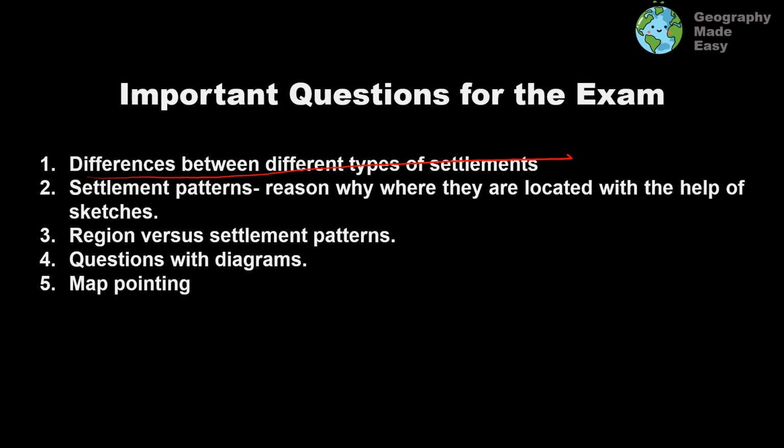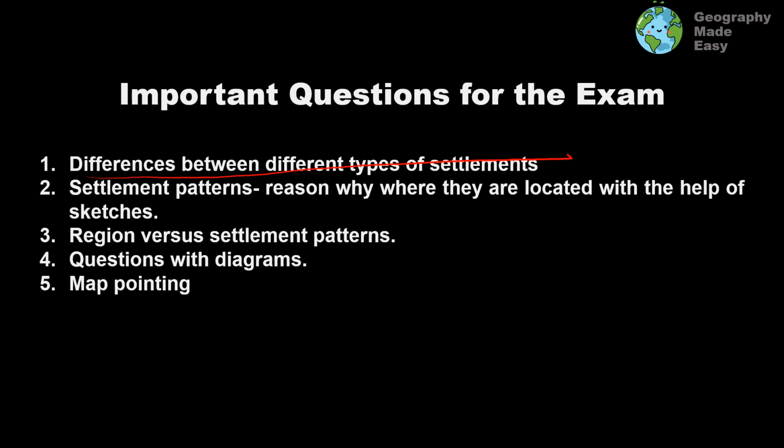Region versus settlement pattern, that means they can give you a map and ask you to point on the map to places, say, having nucleated settlement or dispersed settlement. They can give you a particular pattern diagram, and ask you questions on it, like identify the pattern, mention where it can be seen in India, what is the reason for this kind of pattern to develop, why do you think this pattern is developing.